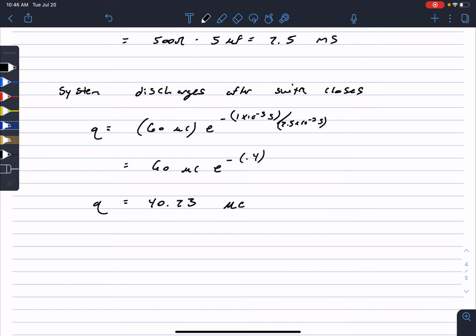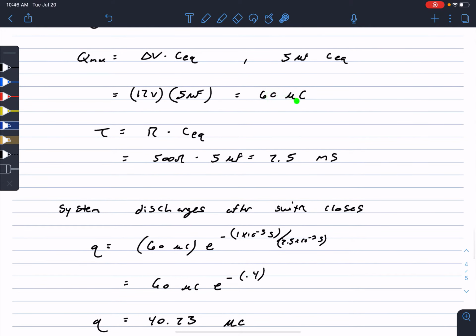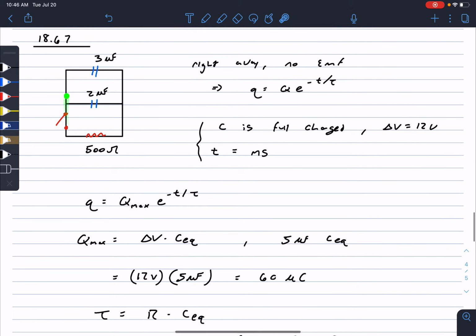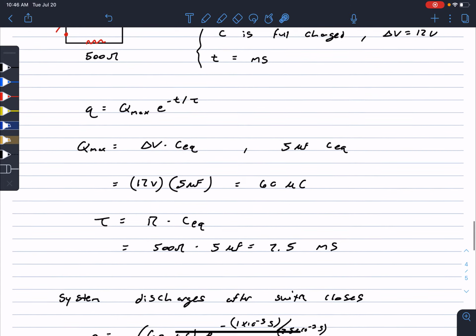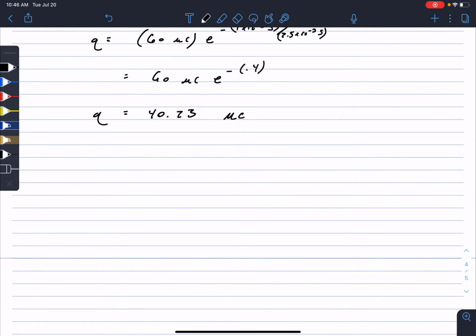Okay, so notice that we started out with 60 microcoulombs on the system. After 1 millisecond, we're down to 40.23 microcoulombs of charge. So that's what's left over. Now we want what's left over of the potential across the equivalent capacitance.